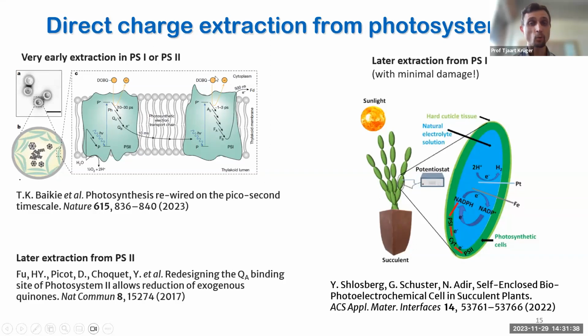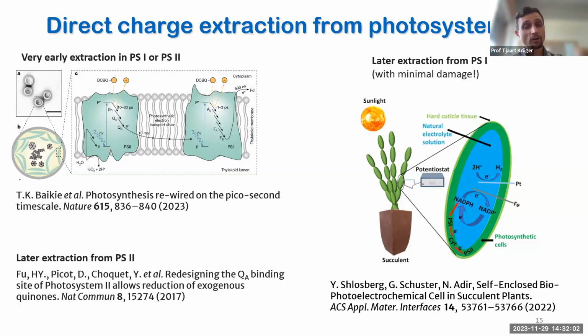And in photosystem 1, the same was done at an even faster time scale. Between 1 and 3 picoseconds after charge generation, a fraction of these electrons could be extracted without causing damage to the plant. So in other words, cyanobacteria in this case, just another type of oxygenic photosynthetic system.